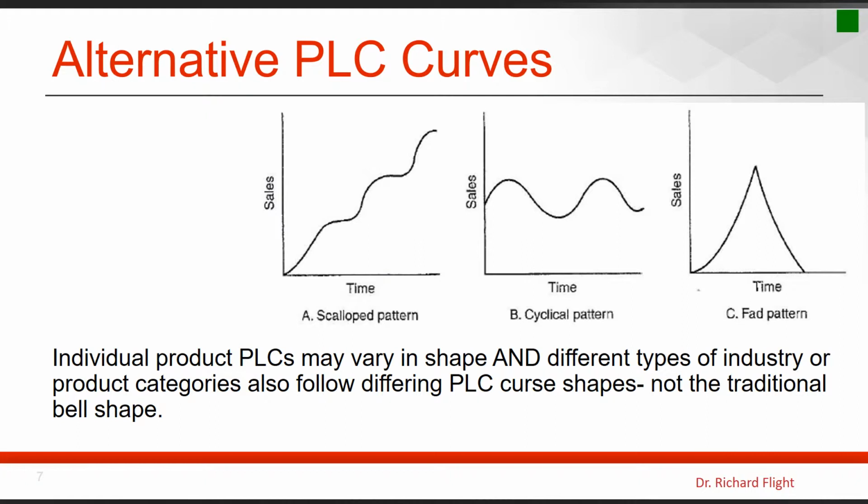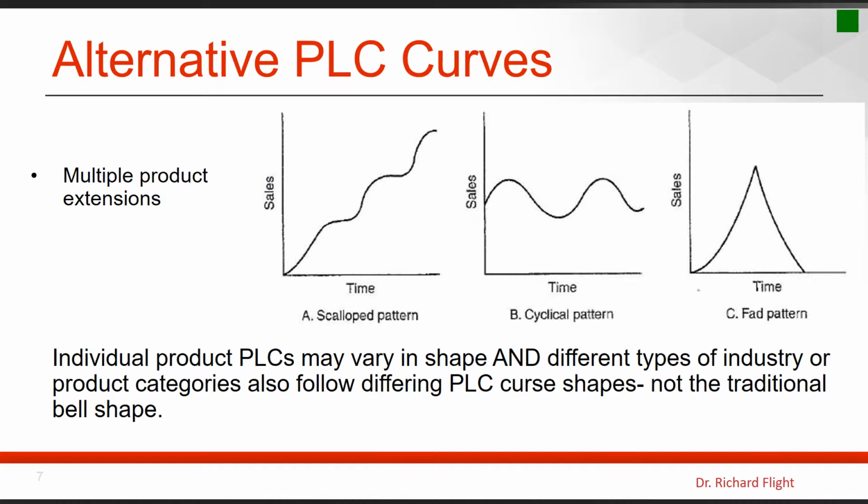Individual product life cycles may vary across the organization, across businesses, but then importantly across industries as well. So the traditional hourglass or bell shape that we're looking at on a product life cycle curve is not always the way it looks. We have different shapes that are displayed here.